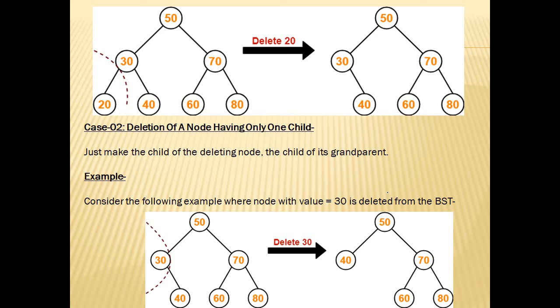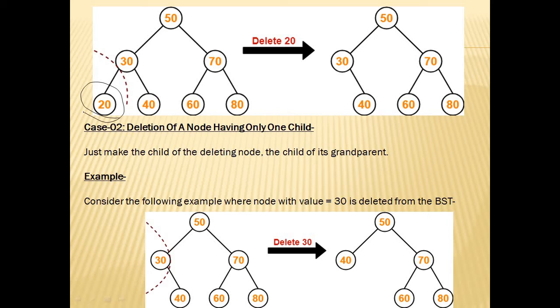Here when you observe, 20 is on the left-hand side and it is a leaf node, so we don't have any children. So we simply apply the delete operation, that means free the 20. Whatever variable is assigned for that, we just free it. So deletion is done.